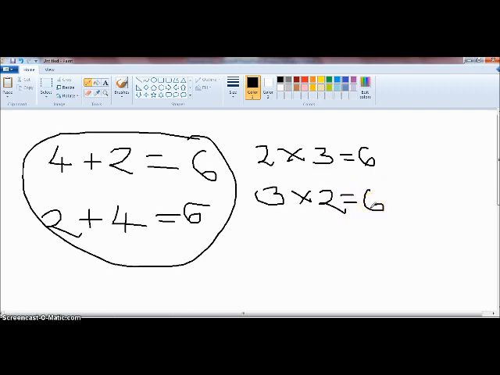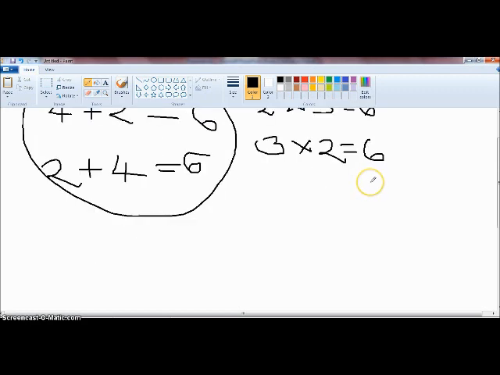With addition, you will notice that the order of operations doesn't matter. You can start with whichever figure you want to start with. It will still give you the same answer. Even with multiplication, if you are only dealing with multiplication, 2 times 3, you can do it either way. It will still give you the same answer.